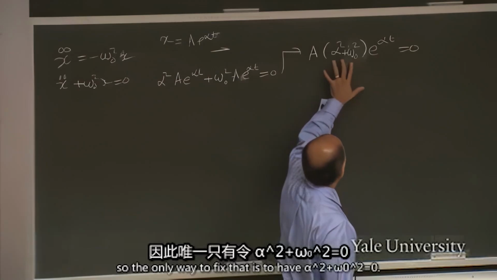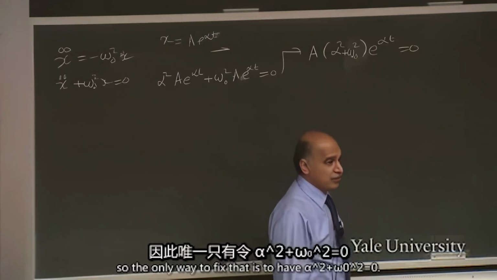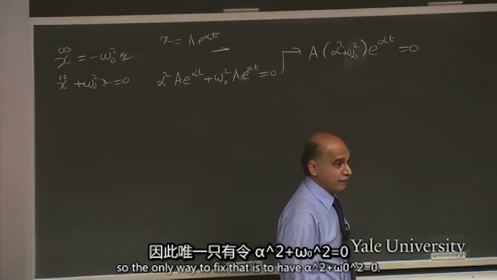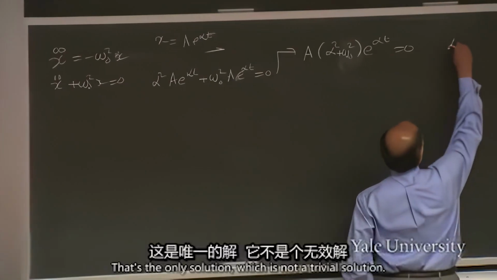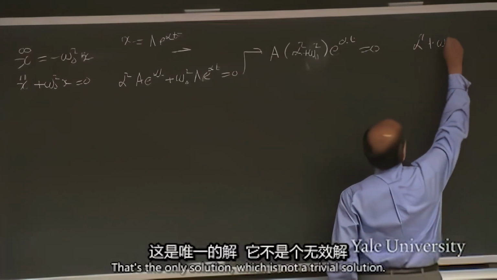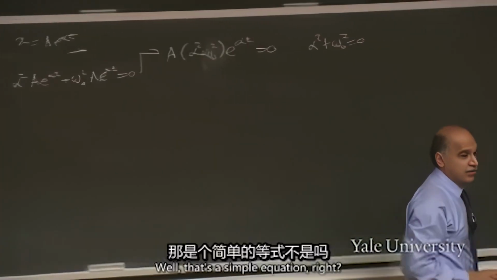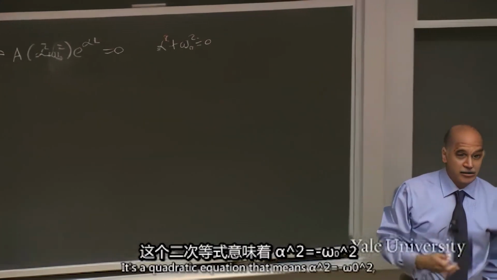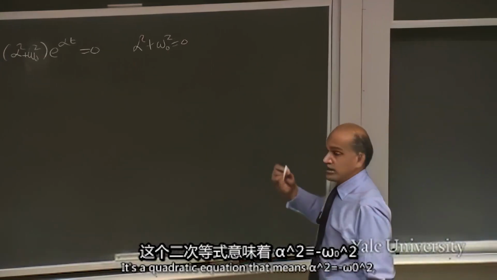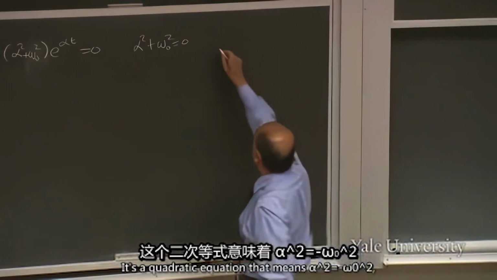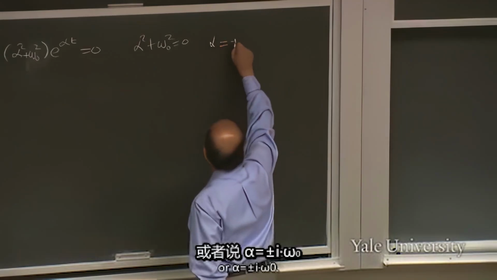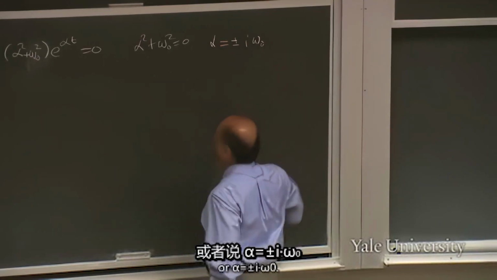So the only way to fix that is to have alpha squared plus omega 0 squared equal to 0. That's the only solution which is not a trivial solution. Well, that's a simple equation, right? It's a quadratic equation. That means alpha squared is minus omega 0 squared, or alpha is plus or minus i omega 0.